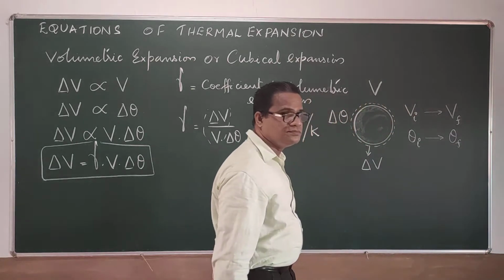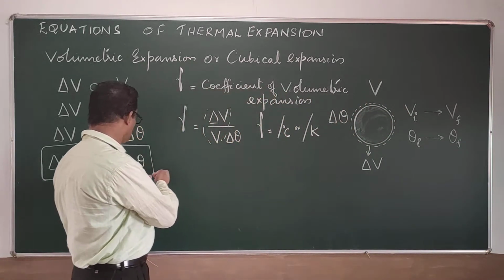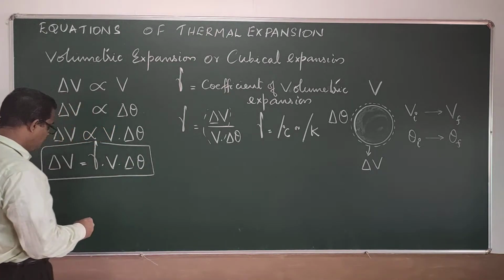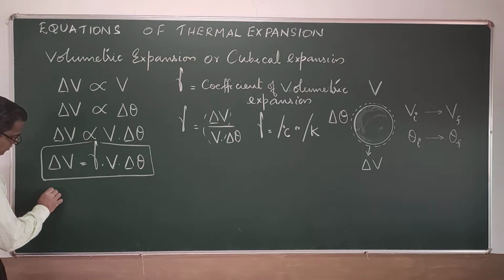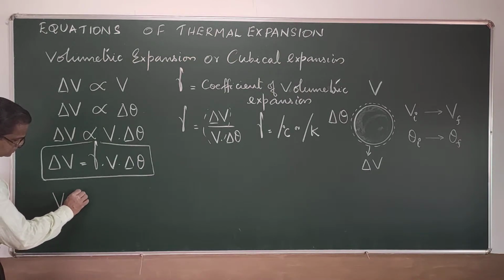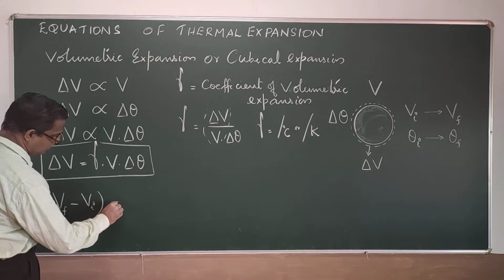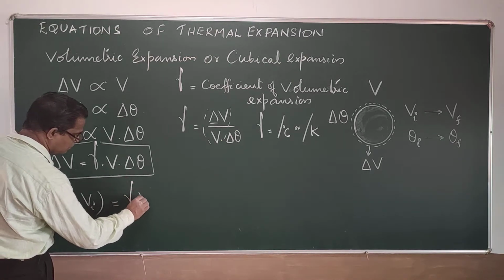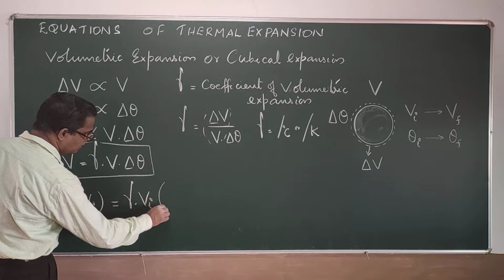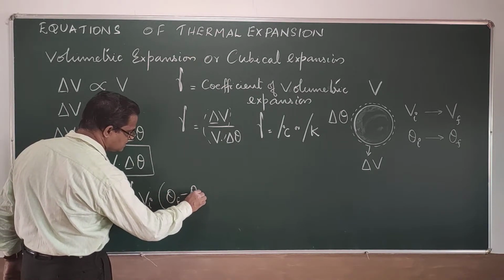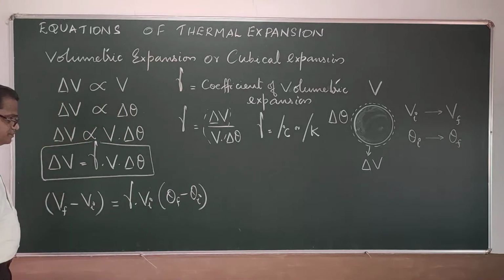Applying that criteria, delta V will be final volume minus initial volume, which is equal to gamma into initial volume into final temperature minus initial temperature.